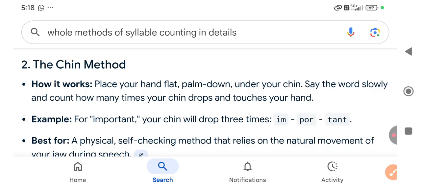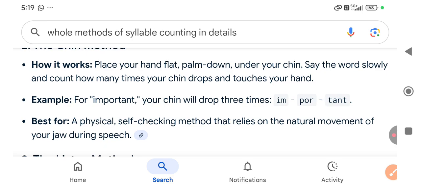Simple method. Suppose you say the word important. Please put your hand under your chin and say important, this way. Three syllable word.